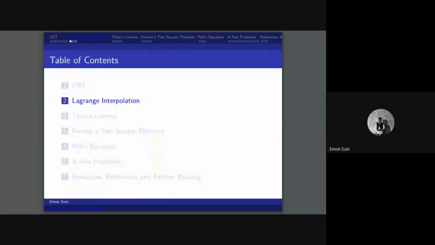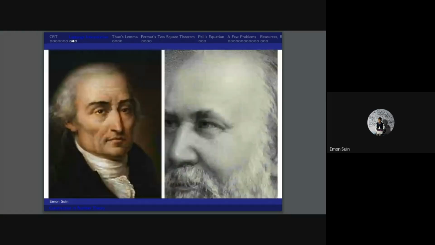Before that, let me tell you some history of Lagrange interpolation, which you might have found in my blog already. It was first Edward Waring, in the year 1779, if I am not mistaken, who had found out this formula, theorem, whatever you can say. But he did not publish.